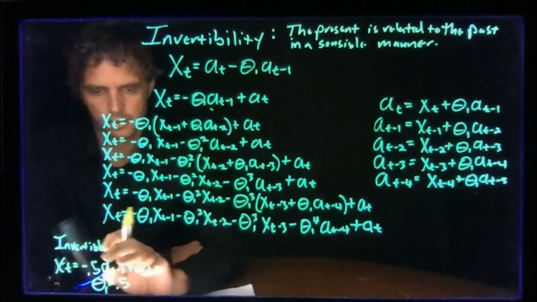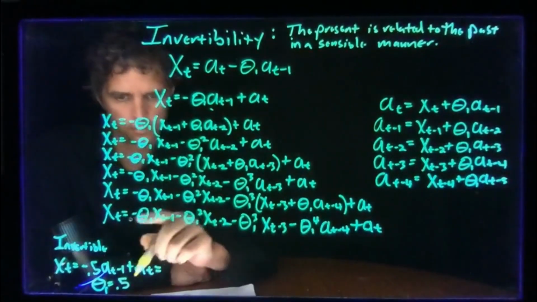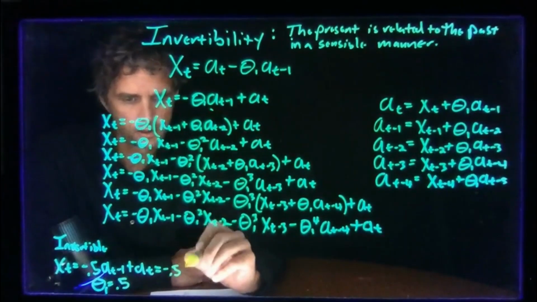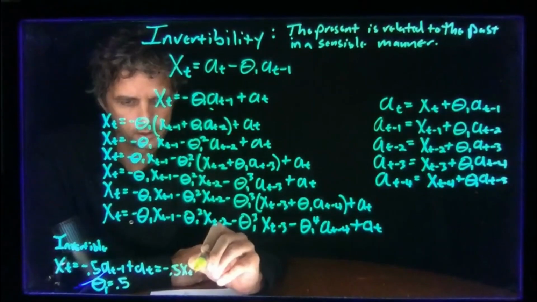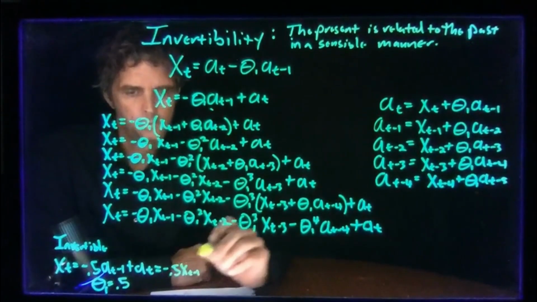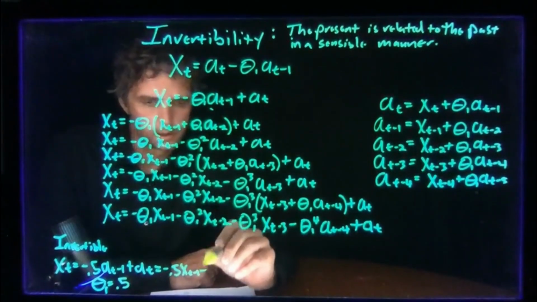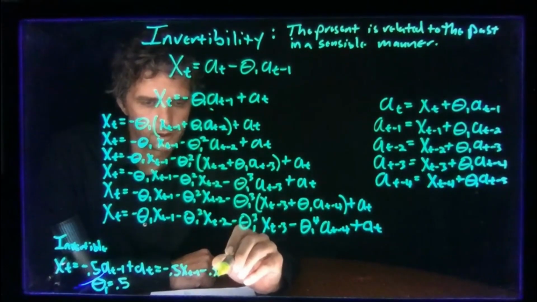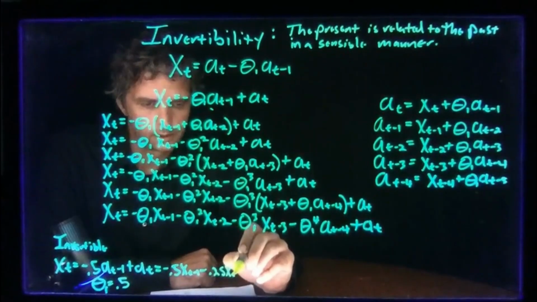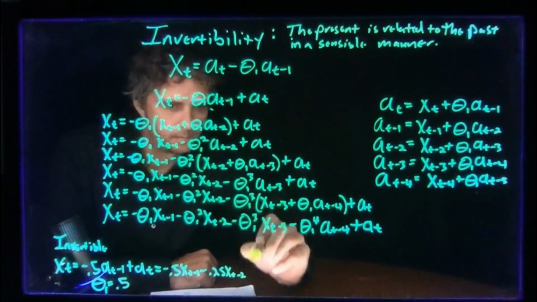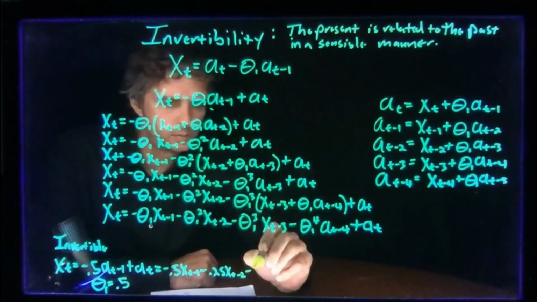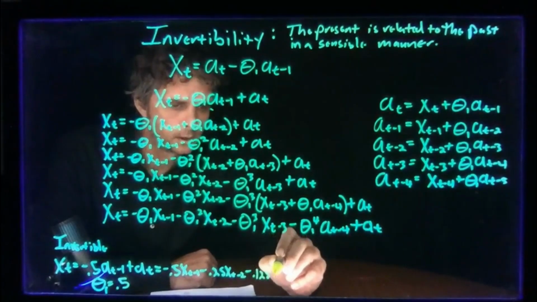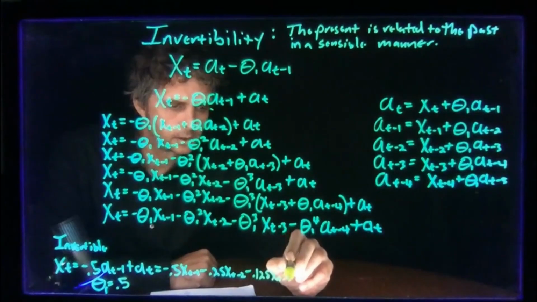So X_t equals this piece, which is equal to negative 0.5 X_{t-1}, minus 0.5 squared, which is 0.25, X_{t-2}, minus 0.5 cubed, which is 0.125, X_{t-3}.